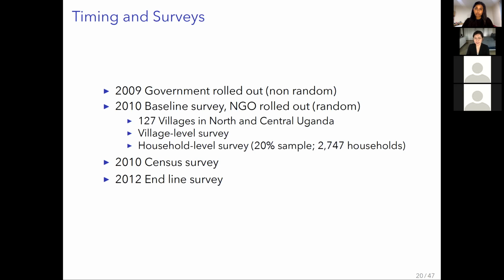We needed a context where we had variation in NGO rollout and the presence of the government. In talking to them, they told us they did this evaluation in 2010 and never used it. It was one of these things that happens. They said, well, here's the data, you can use it. And that's why we use it. But actually, I'll talk about this later.